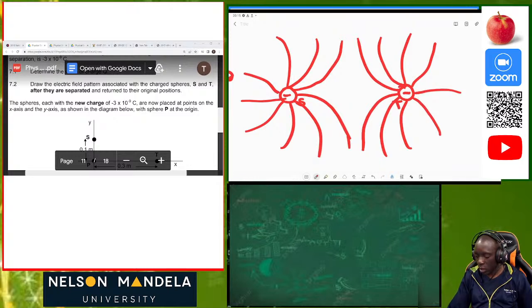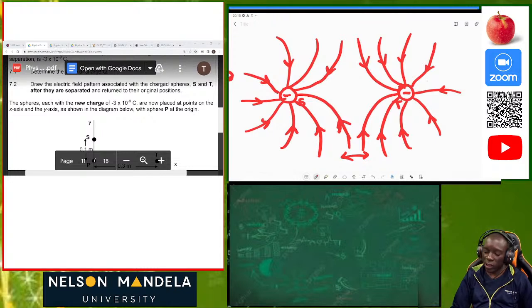Since these are negative charges, the field is converging into the charge. The negative charge is a sink, so the arrows point towards the charges. So take note, the lines should never cross, you should include arrows to show the direction of the field, and the lines should not hang before the surface of the sphere.